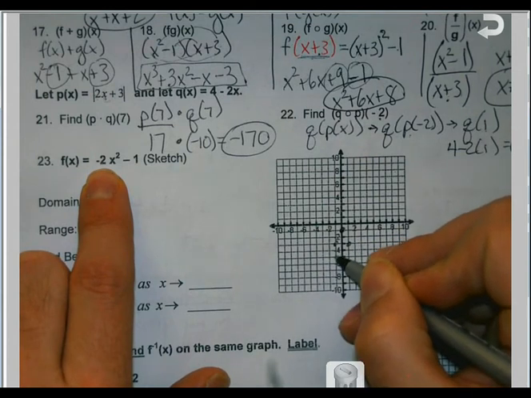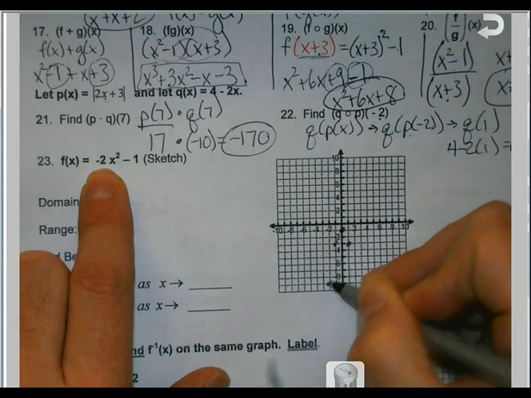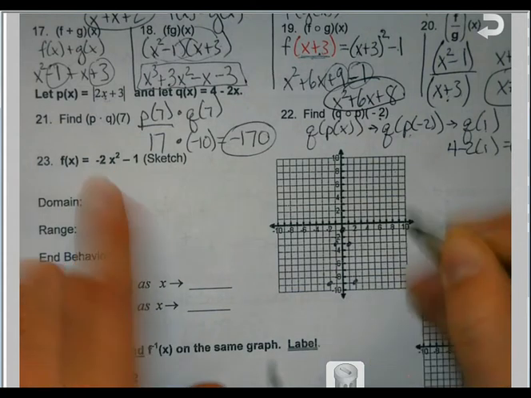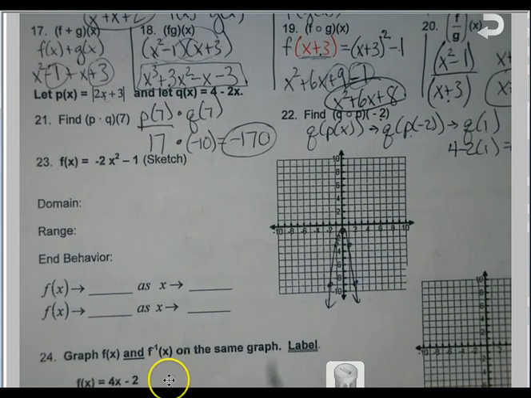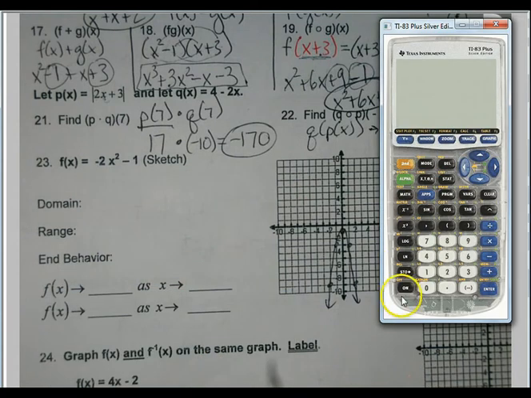Now, if I don't remember how that pattern works, I always have my backup plan. Backup plan's never a bad thing. I can always go here. See my graph, all right.